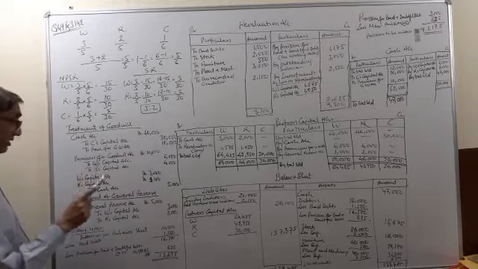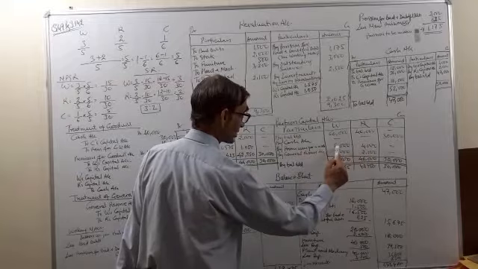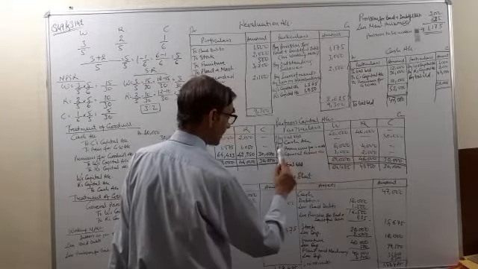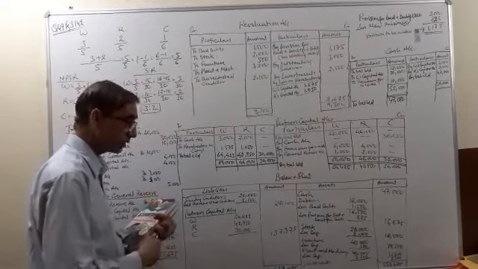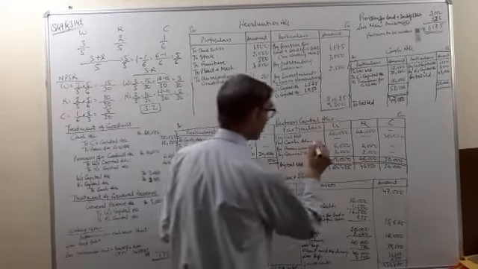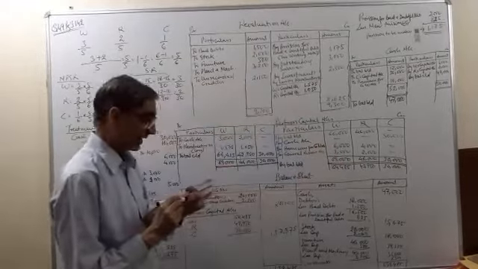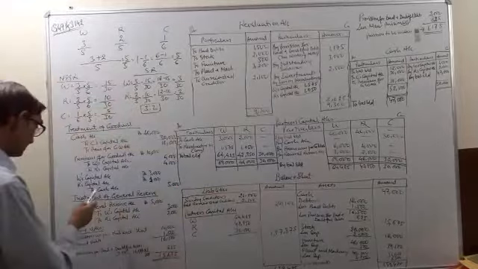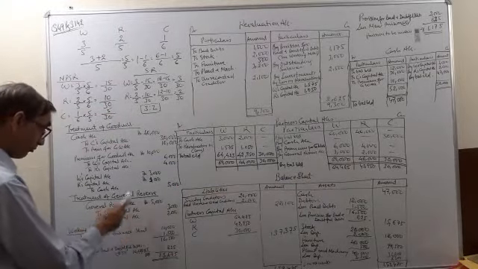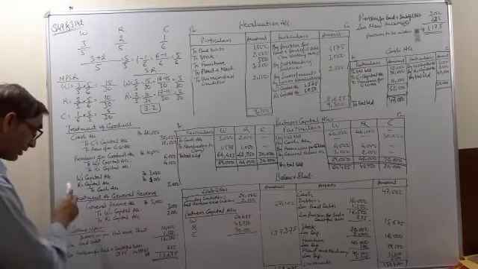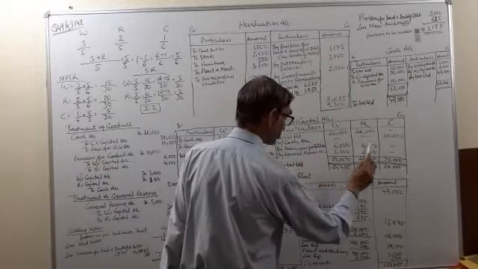So in W and R's capital accounts, 6,000 and 4,000 will be credited by premium for goodwill account. Clear? Then your next entry: W and R have again been credited for their share of general reserve.